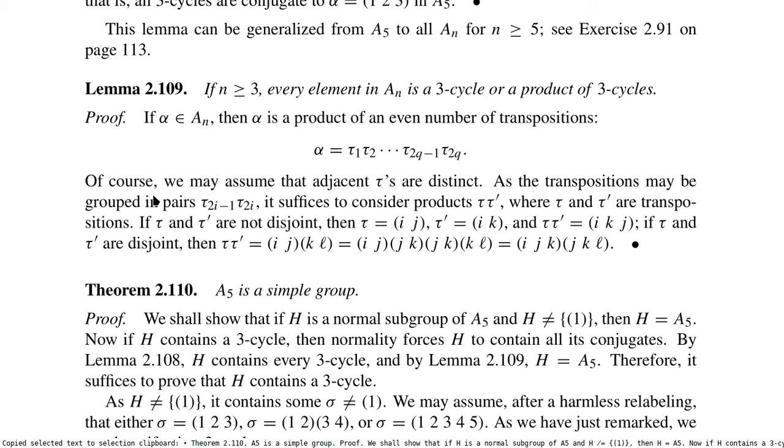So if your n is greater than or equal to 3, every element in An is a 3 cycle or a product of 3 cycles. Yeah, that's helpful. So if you take a permutation in An, then alpha is a product of an even number of transpositions, right? So you have alpha equal to tau 1, tau 2, up until tau 2q, for some even number of transpositions.